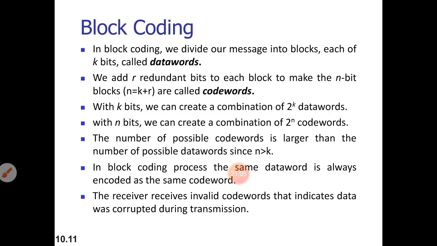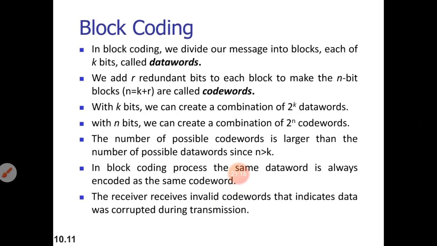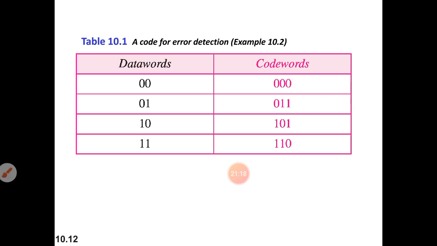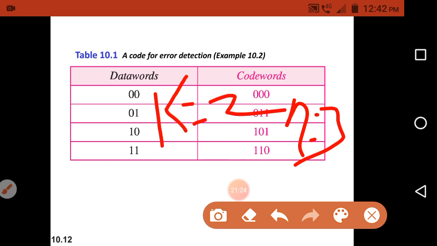Next, the number of possible code words is larger than the number of possible data words, because the n value is greater than k. Here n is 3 and k is 2. So the number of possible data words is always smaller than the number of possible code words, because 2 to the 2 means 4 and 2 to the 3 means 8.